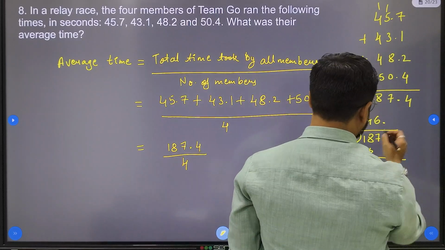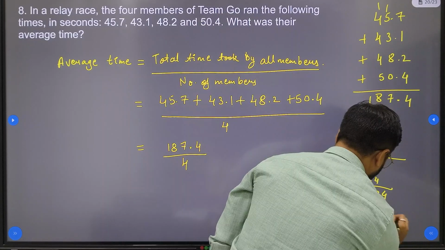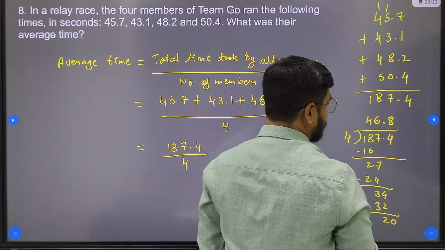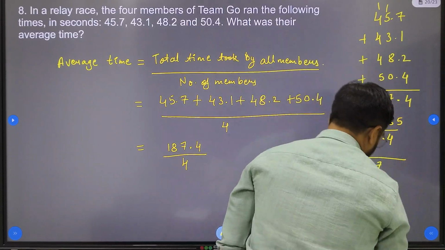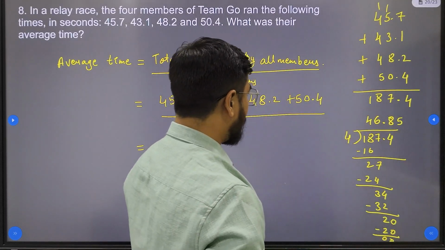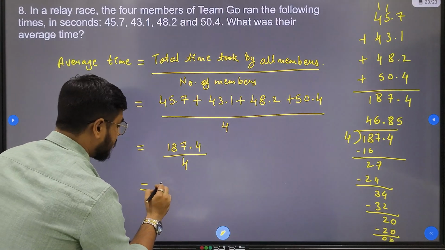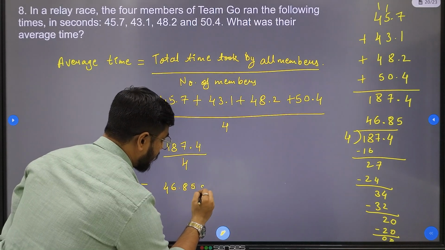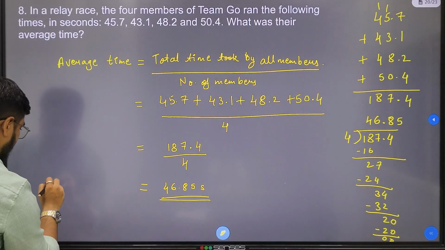Next number is 4. 4 into 8 is 32. Left with 2. And the next we can take a 0 because there is already a decimal. So 4 into 5 is 20. So I will have the average time as 46.85 seconds. So that is the average time.